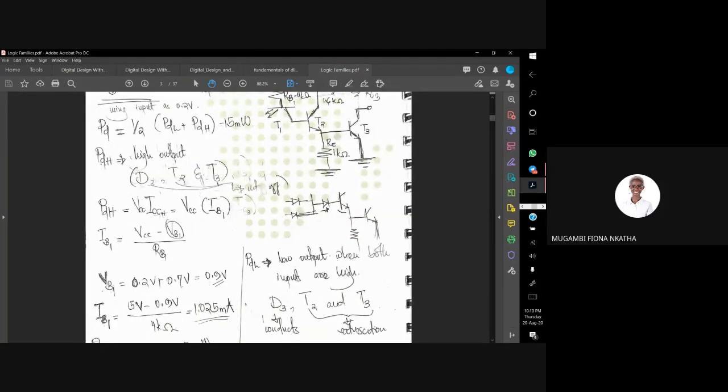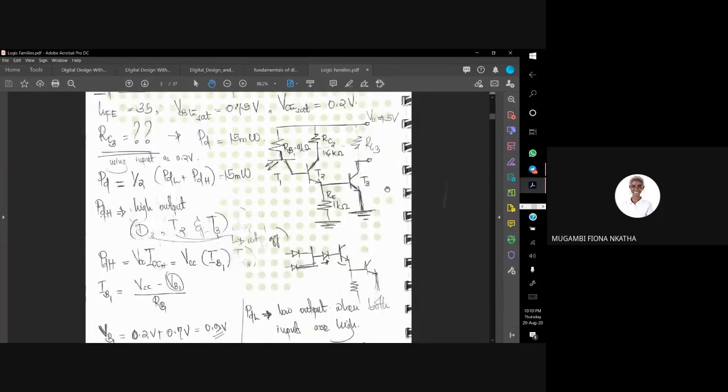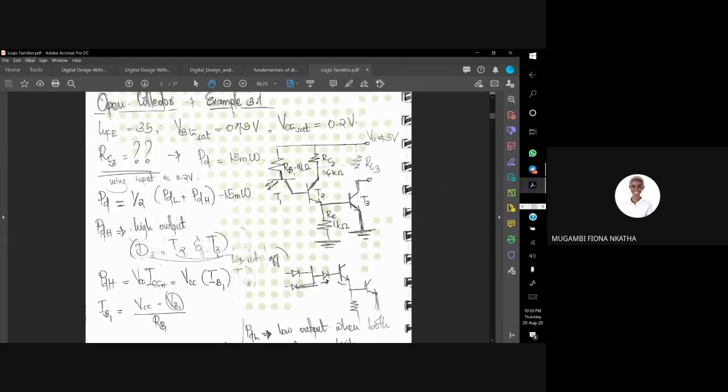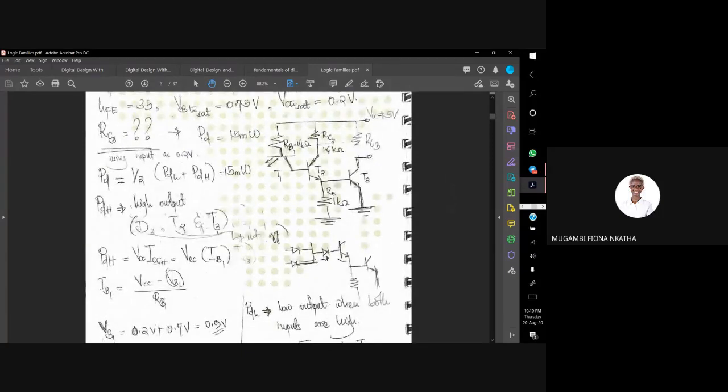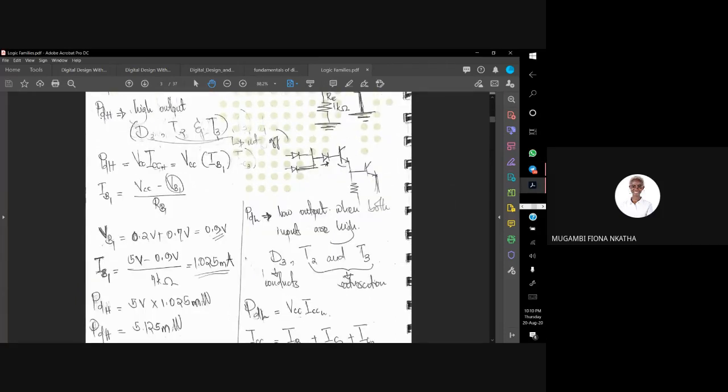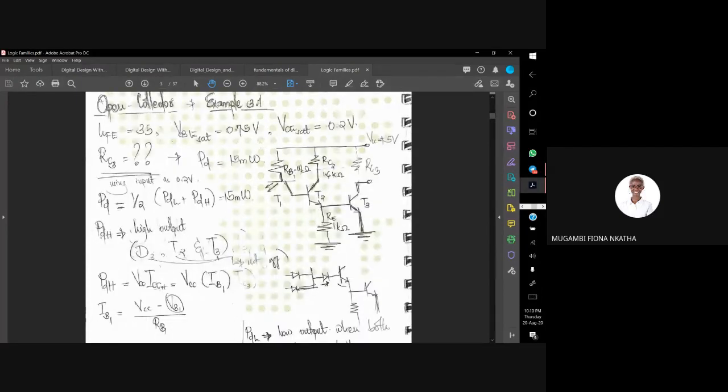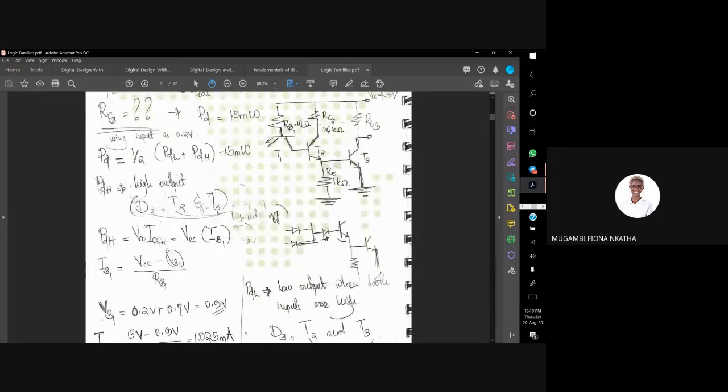So IB1 will only consider the current through RB1, as that's where current will go. It won't go to T2 because T2 is off. So PDH is VCC times ICCH, and IB1, the current through RB1, is VCC minus VB1 over RB1. But what is VB1?